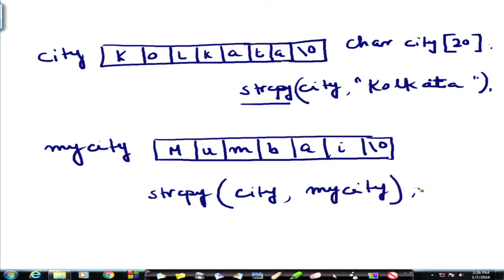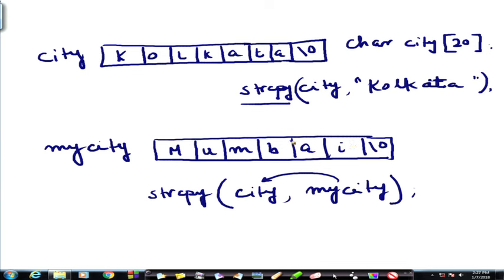This string my city will come into this variable city. So, this Kolkata will be overwritten and will be replaced by Mumbai. Now, Kolkata is of length 1, 2, 3, 4, 5, 6, 7 and Mumbai is 1, 2, 3, 4, 5, 6. In that case, what will happen?